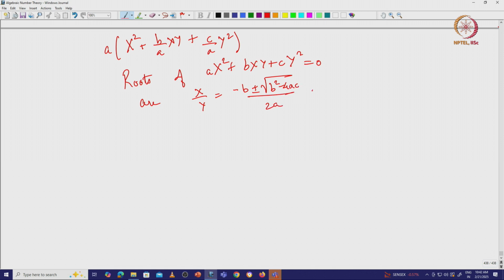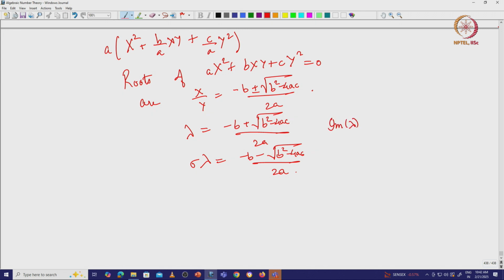So one of them will be lambda, the other one will be sigma lambda. You can take lambda to be minus b plus square root of b squared minus 4ac by 2a, and then sigma lambda is simply the complex conjugate of that. So I have now implicitly fixed an orientation of this lambda, so that the imaginary part of lambda is bigger than 0.